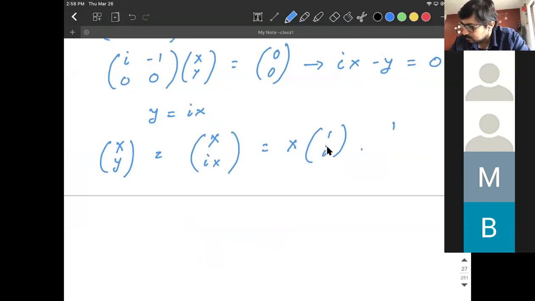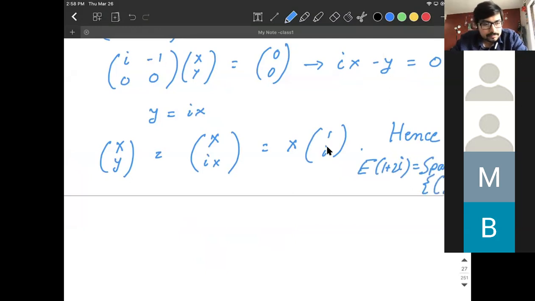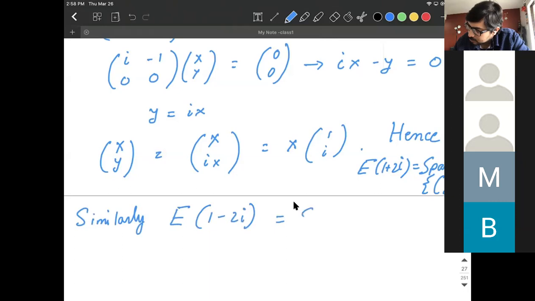So hence E of 1 plus 2i equals span of (1, i). And similarly, if you work out the other eigenvalue, E of 1 minus 2i would be span of (1, -i).